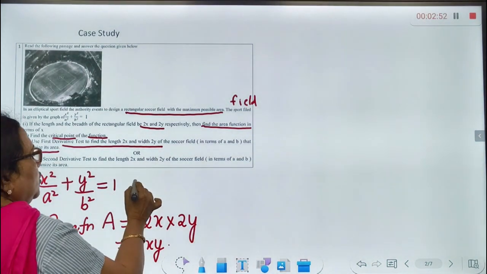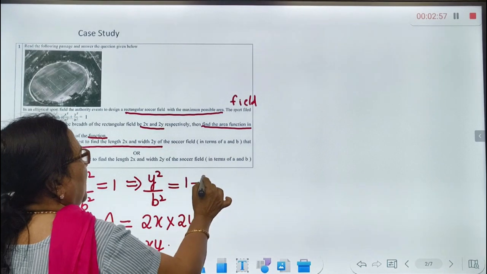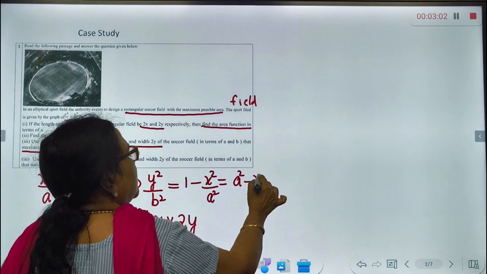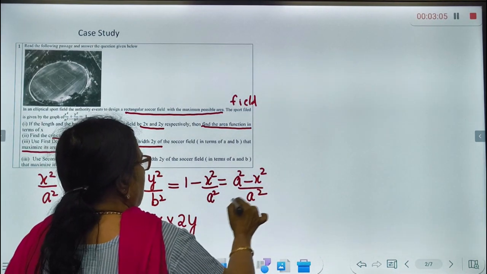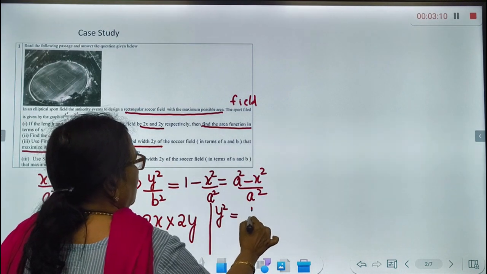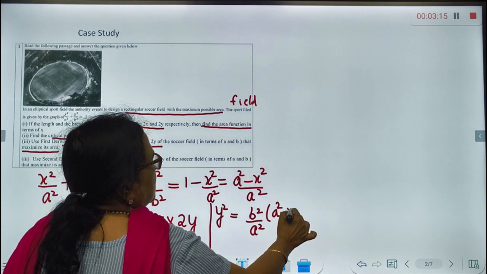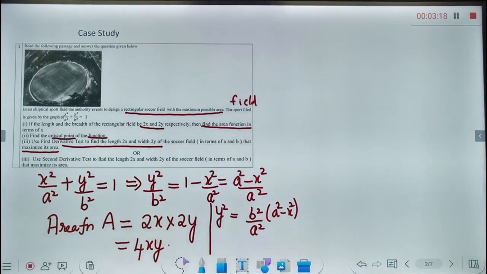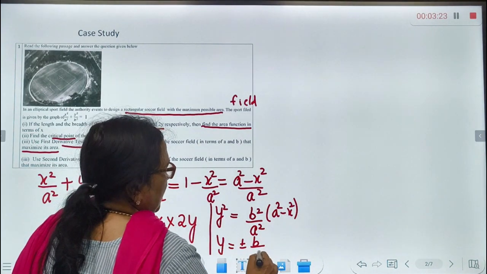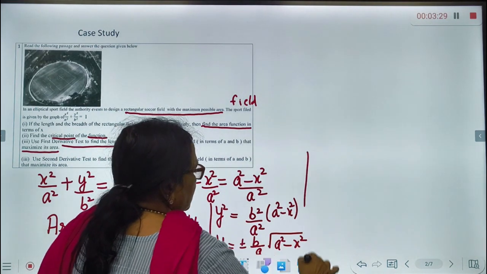So, from this, you get y square by b square is equal to 1 minus x square by a square, which is a square minus x square by a square. So, y square is equal to b square by a square into a square minus x square. So, y equal to plus or minus b by a root of a square minus x square.